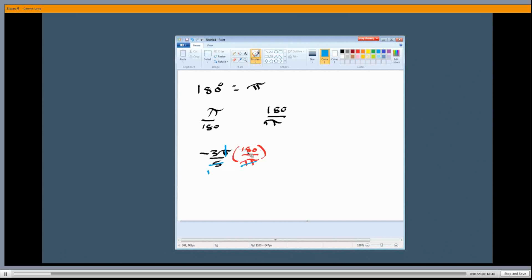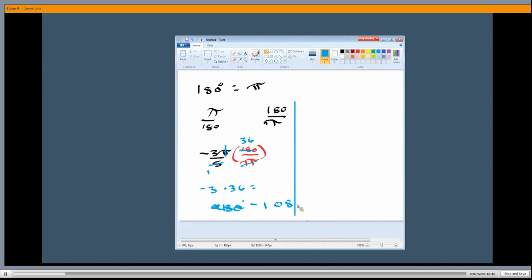All we're left with is negative 3 times 36, and 3 times 36 is 108, so it's negative 108 degrees. Not 180, oops, negative 108 degrees. So negative 3 pi over 5 is the same thing as negative 108 degrees. It's really not that complicated to do, and we can do it in the other direction as well.